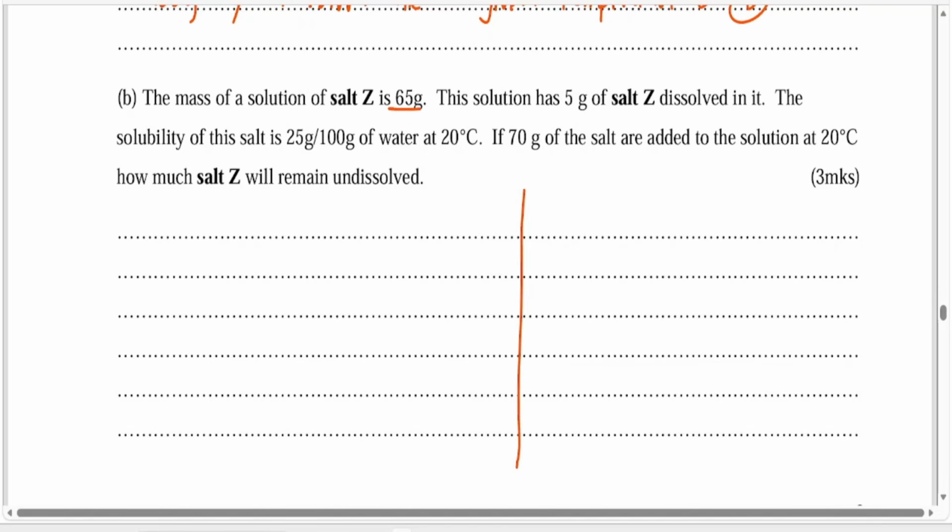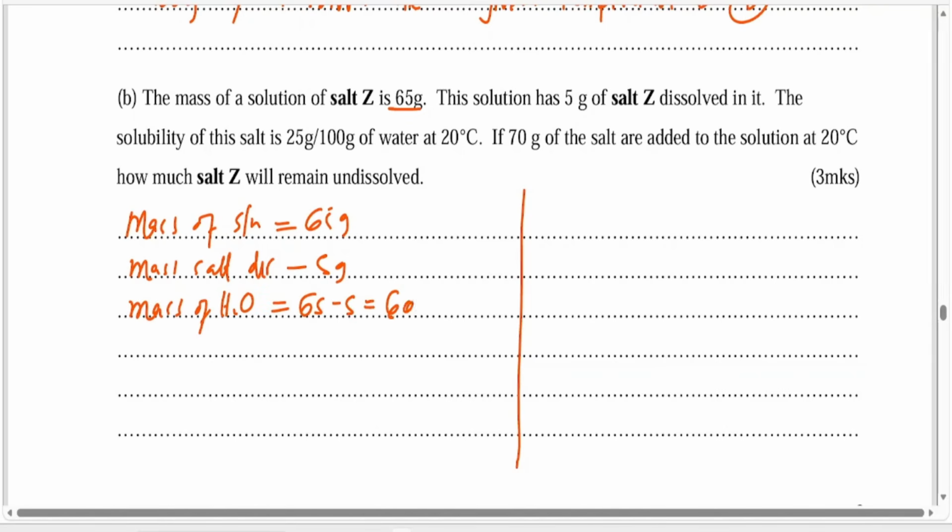Let's break it down. Mass of solution is 65 grams. The mass of salt dissolved is 5 grams. The mass of water is 65 minus 5, which is 60 grams.